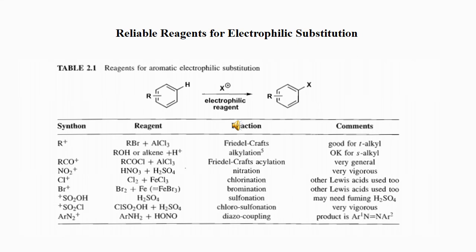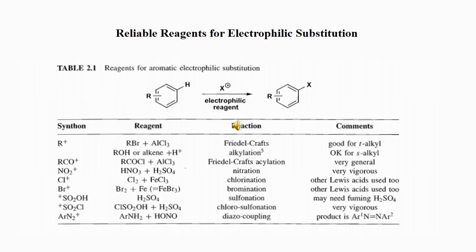After the attachment of the electrophile, an arenium ion is formed, and then delocalization takes place in that arenium ion, and it is stabilized. And in the third step, the leaving group leaves, and the aromaticity is regained.